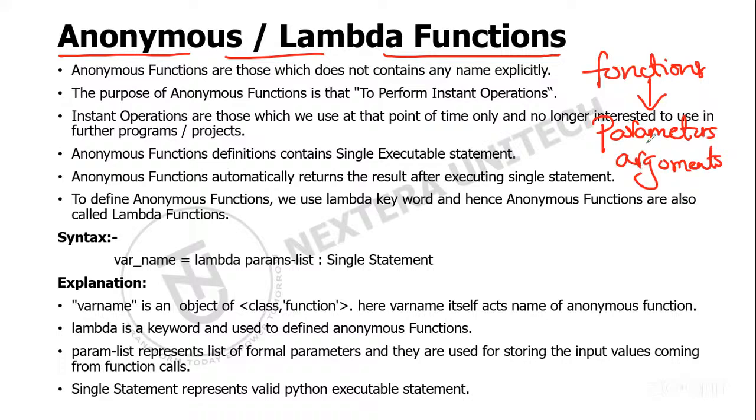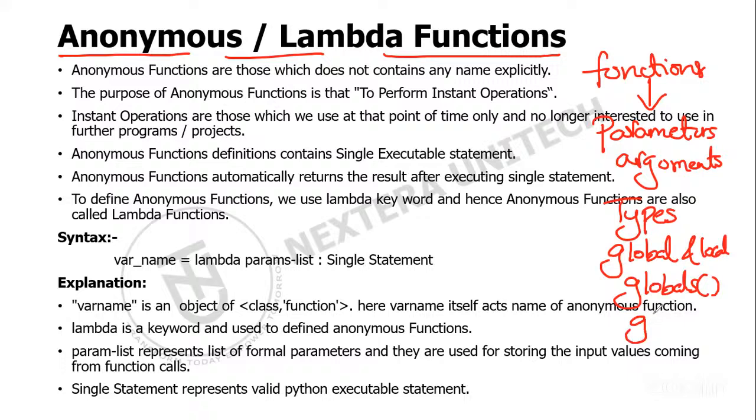So all these topics we have covered, and post understanding what is a function, the differences between parameters and arguments and the types, we have also understood what is global and local variable, also global function, global keyword. So all these are different topics that we have covered under functions, guys.